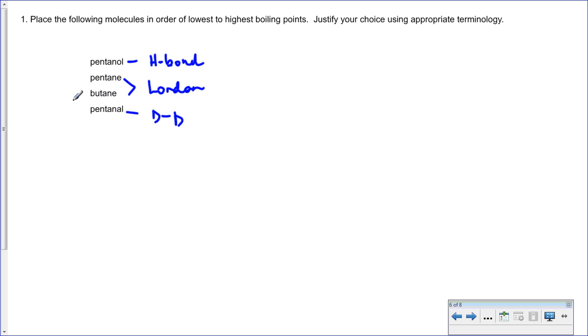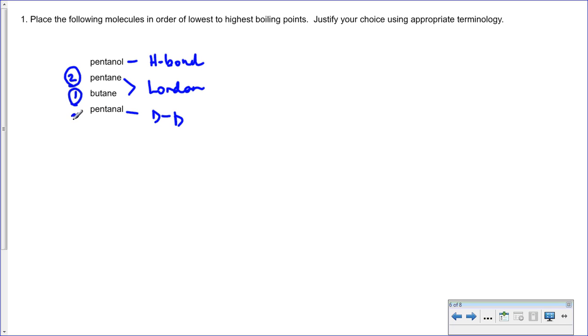Because butane has the shorter chain, it will have the lowest boiling point. Pentane being next, with slightly greater London forces, because there are more electrons and more possibilities for interaction with the longer chain, it will have a slightly higher boiling point.